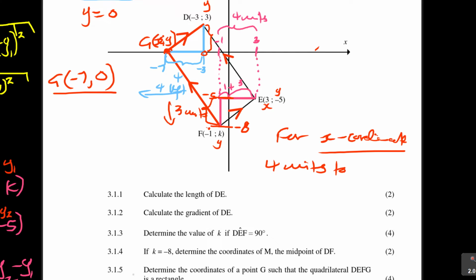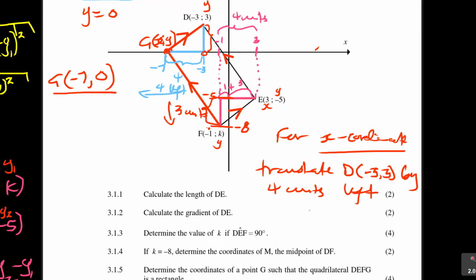You're going to say translate line D, which is -3, by 4 units left.